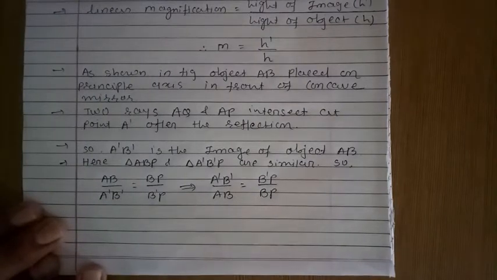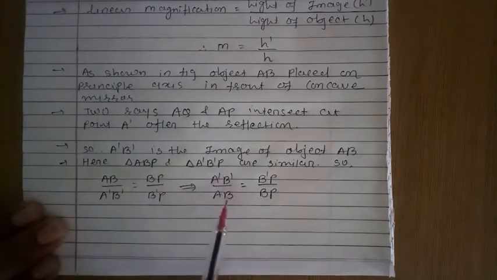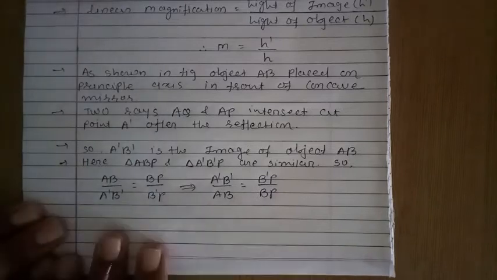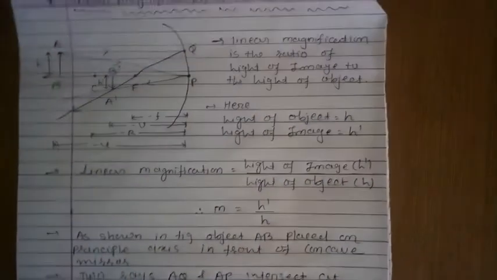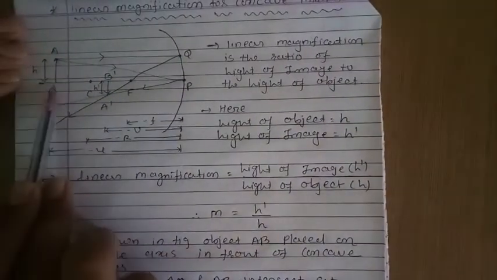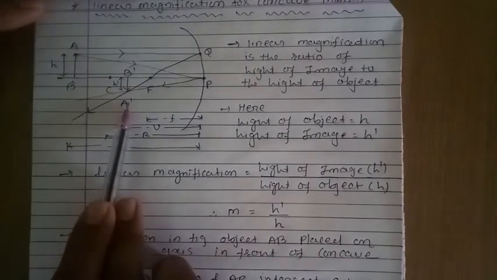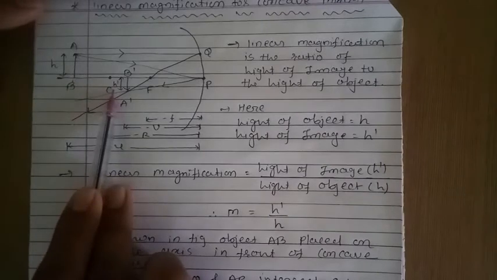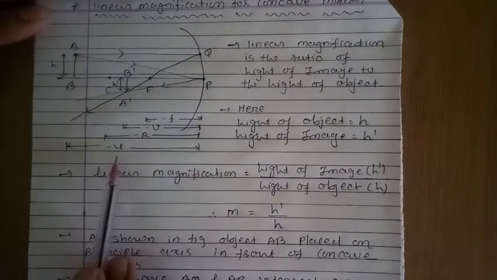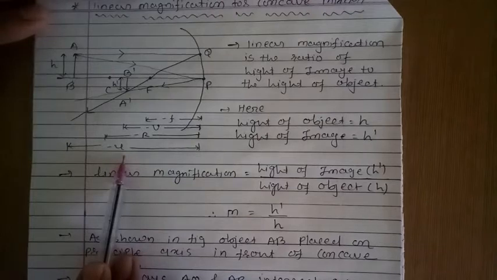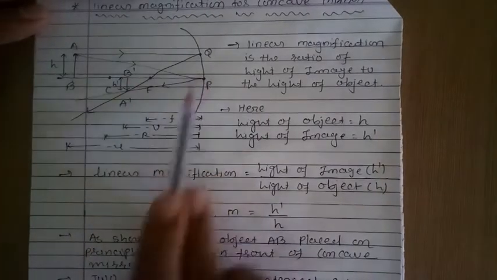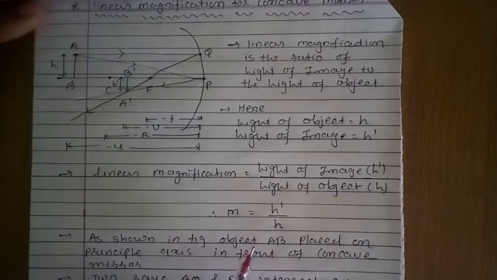Here AB is the height of the object, A dash B dash the height of the image h dash, BP the object distance minus u, and B dash P the image distance minus v.